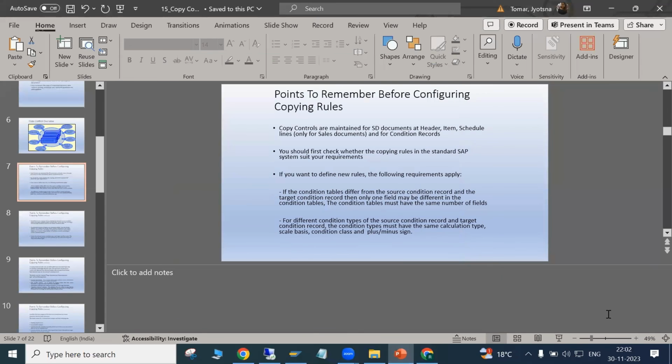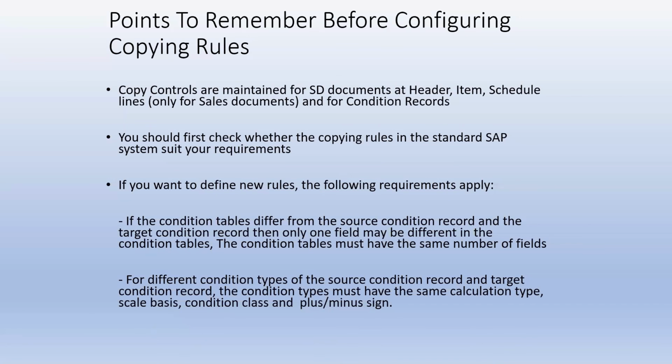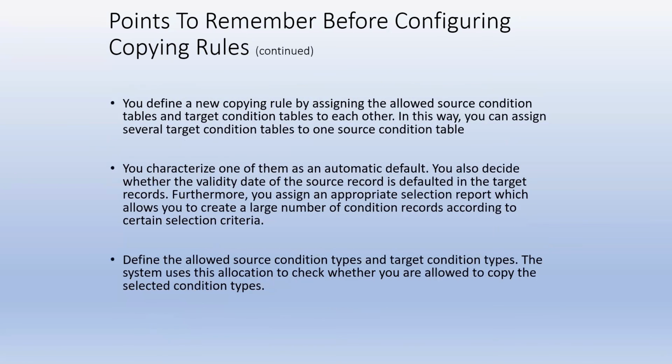Now let's continue with the presentation. Copy controls are maintained for SD documents, header, item and schedule line, which I have shown you. You should first check whether the copying rules in standard SAP suit your requirements. If you want to define new rules, we can define our new rules also for our own documents, maintained in that copy control.